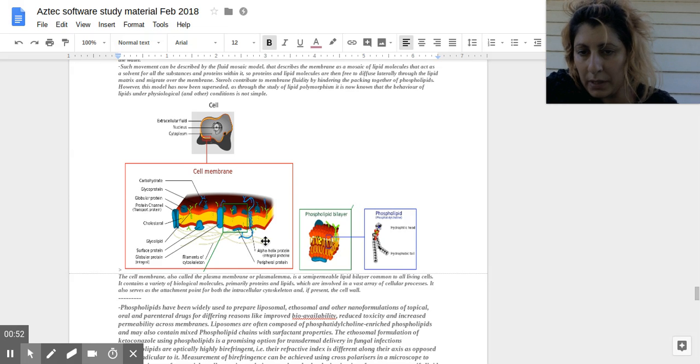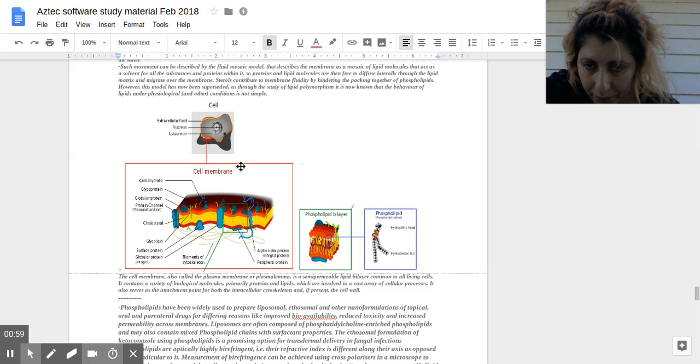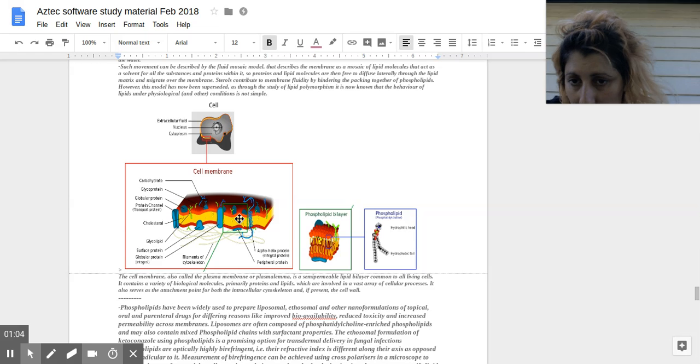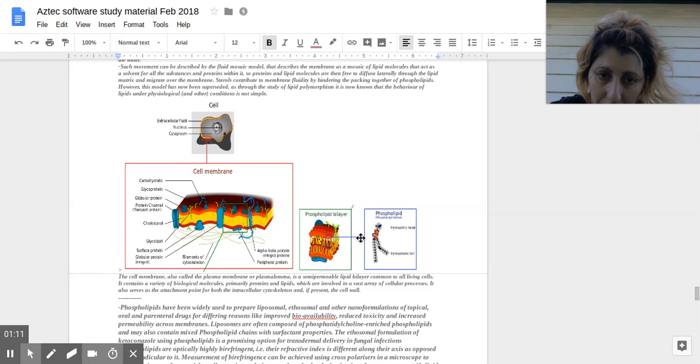We have a zoomed in diagram of a cell membrane, consisting of the molecules of the membrane itself. The main part of the membrane is the phospholipid molecules, which make up the bilayer. The phospholipid again has a hydrophilic head and a hydrophobic tail consisting of fatty acid chains.